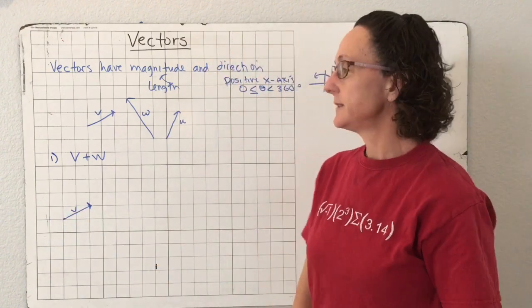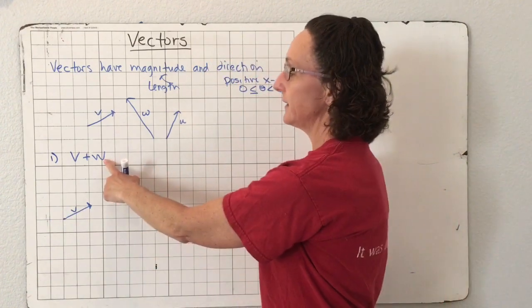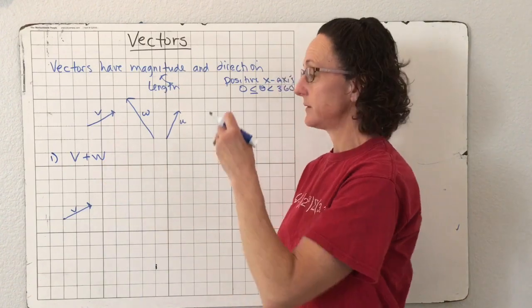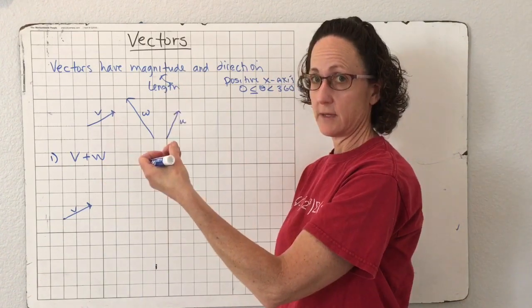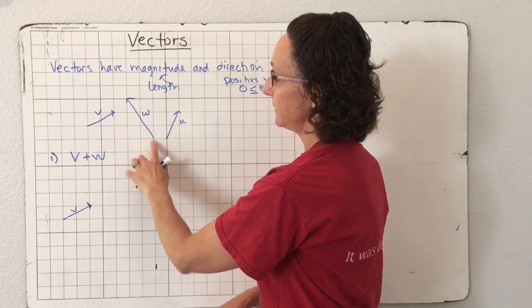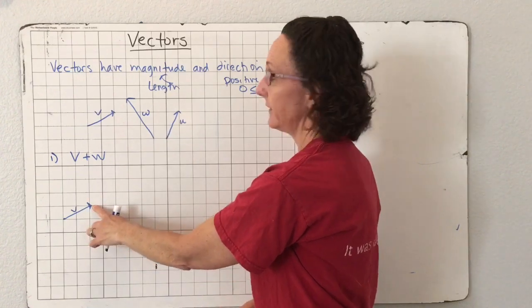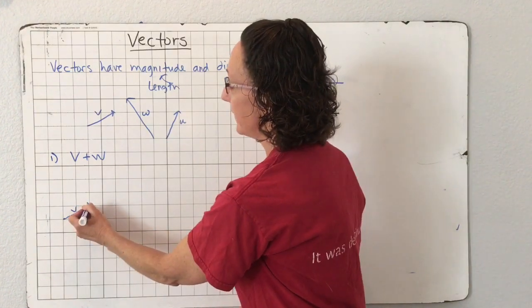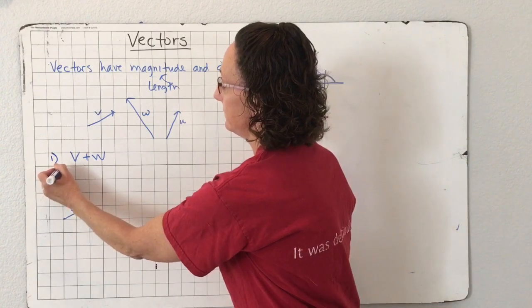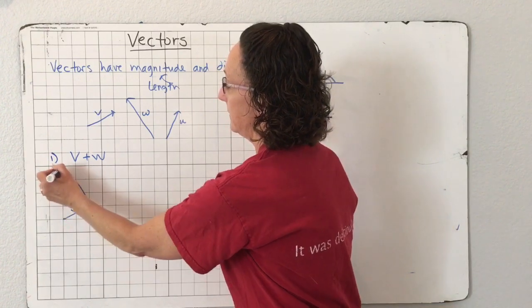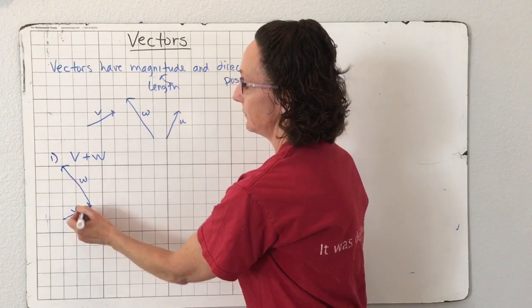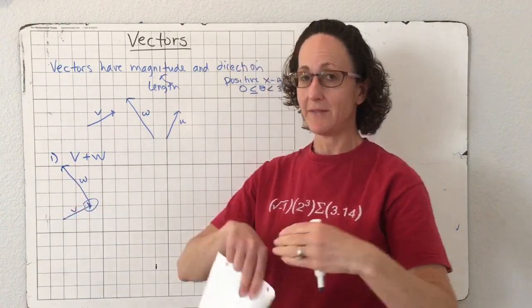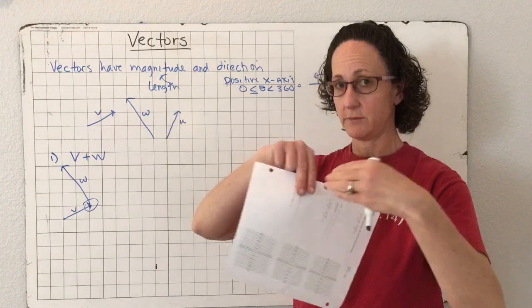All right, this is the important part. When you add a vector to it, you have to do arrow to tail, okay? So this W is gonna go right here on the arrow. And so you're gonna go from here up 3 over 2. And that's vector W. So this is what's really important right here. You don't want the arrows clashing and you don't want 2 tails to clash.